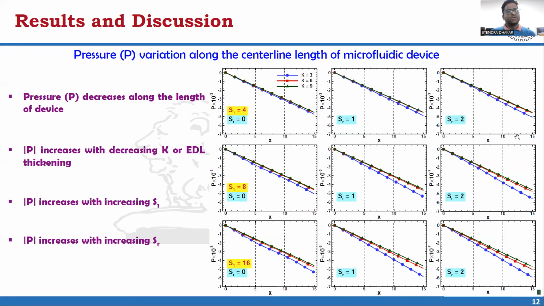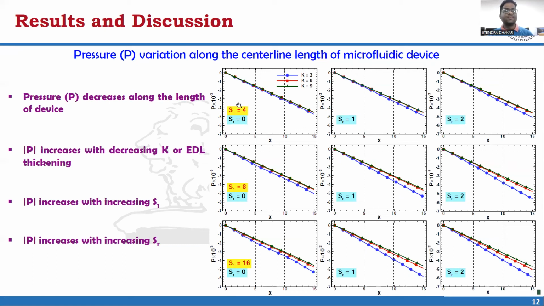The pressure variation along the centerline length of the microfluidic device. The absolute value of pressure increases with the length of the microfluidic device because total potential increases with the length, as we discussed in the earlier slide. That increases the imposed additional hydrodynamic resistance on the fluid. Therefore, the absolute pressure increases with the length of the device, and with decreasing inverse Debye length or increasing EDL thickness.